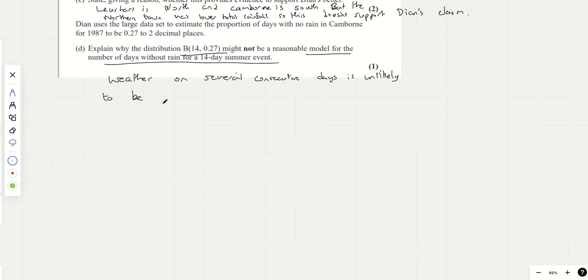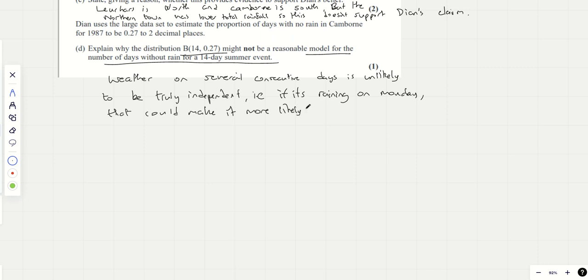And what I mean by that is, if it's raining on Monday, that could make it more or less likely, probably more likely, to be raining on Tuesday.